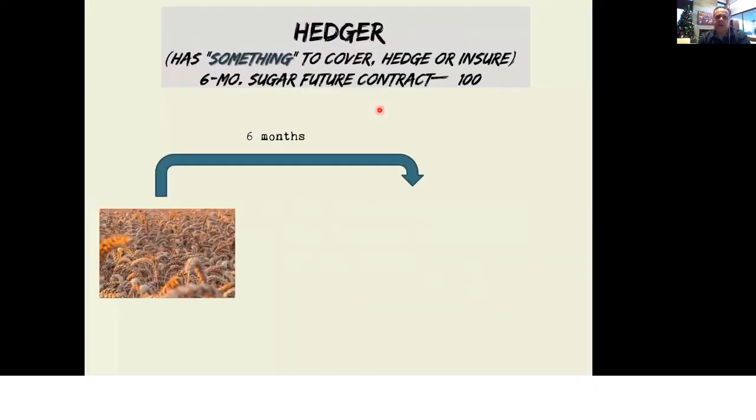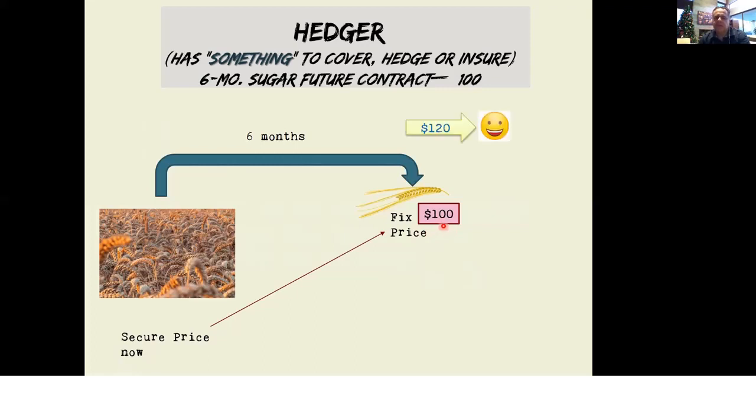Now let's assume that you do not want to be subject to that price variation. So you hedge on day 0, you hedge the price at 100. Today you enter into a forward commitment and you fix your price at 100. Now 6 months later, let's assume that the price is 120.